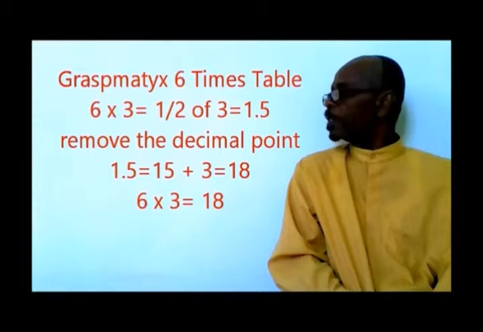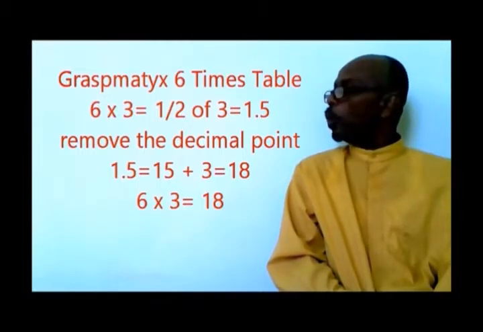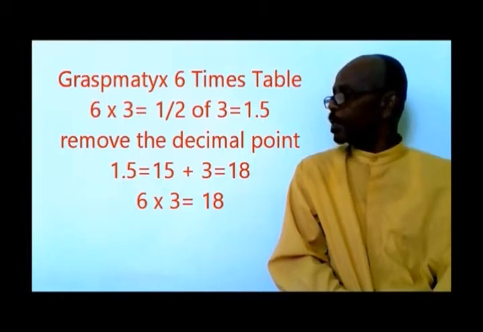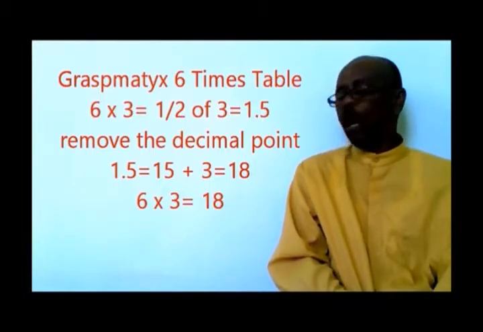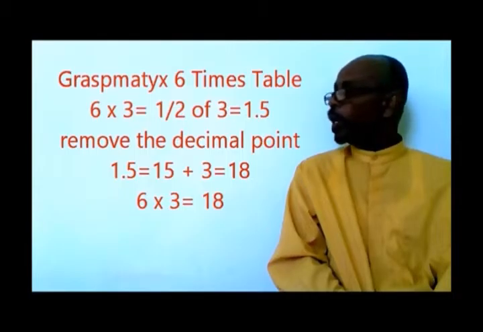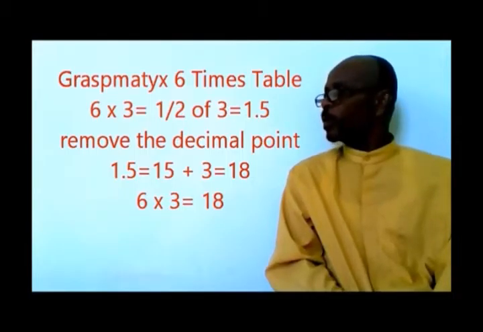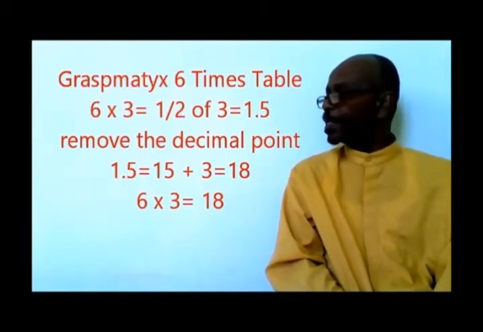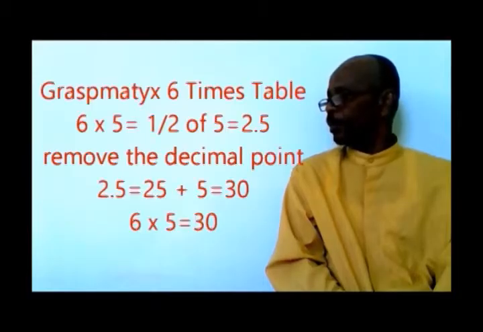Since it's 1.5, we remove the decimal point and we get 1/5. Then all we do now is bring over the 3 and add it to the sum of the 1/5. And what do you get? We get 1/8. So 6 3s are 1/8, which they call 18 in English.